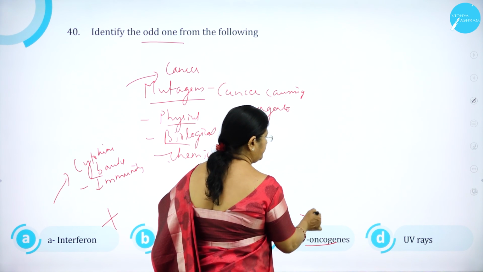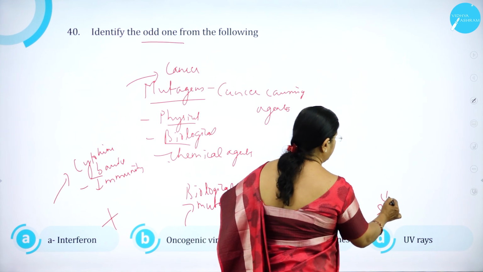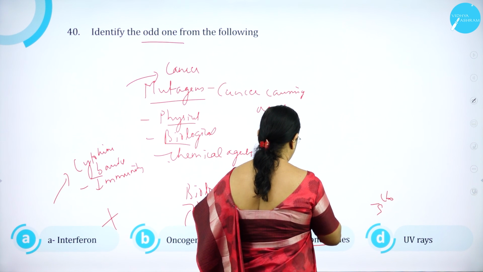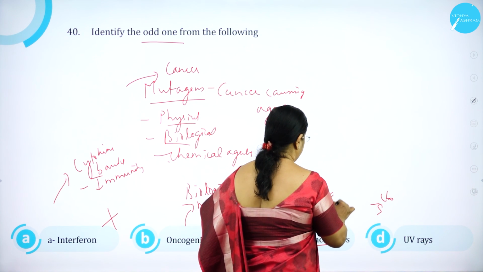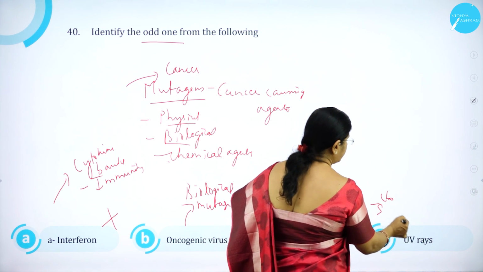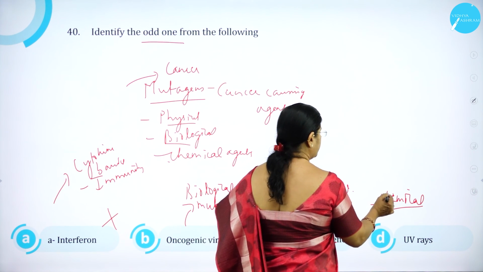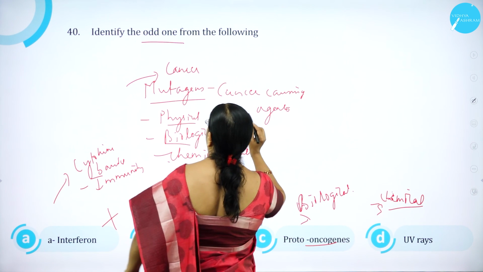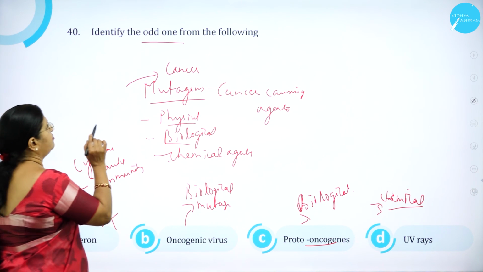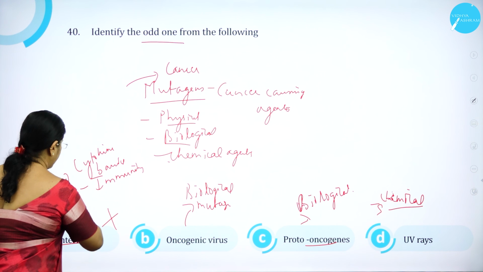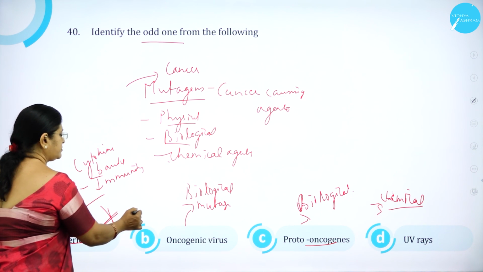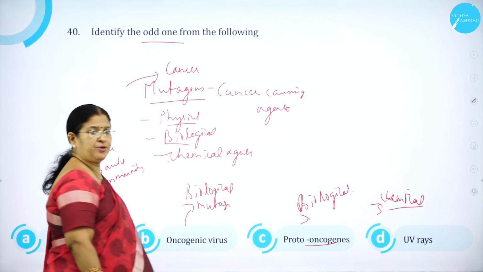Proto-oncogenes are also. Then UV rays, chemical mutagen. So identify the odd one from the following, that is interferon is the odd one. All three are related to cancer.